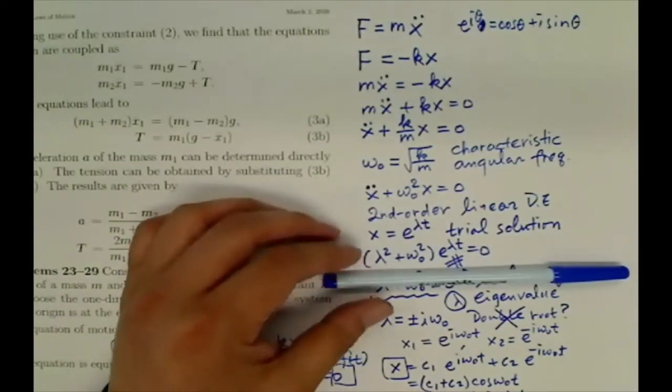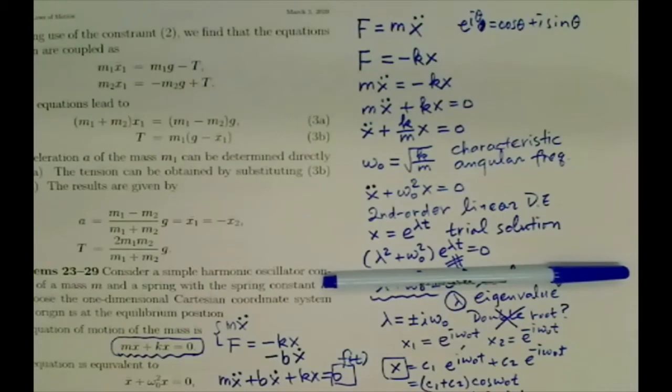Substituting the trial solution into the equation of motion, we find a quadratic equation for lambda. That is, lambda squared plus omega 0 squared, a factor multiplied by e to the lambda t. As we know very well, any exponential function, whether the argument is real, imaginary, or in general complex, cannot be 0.